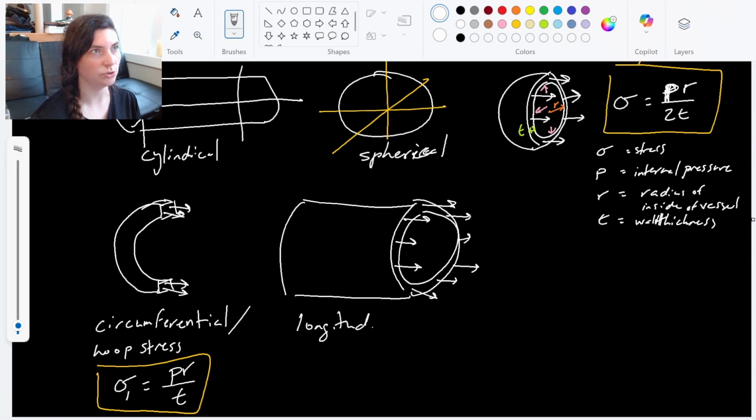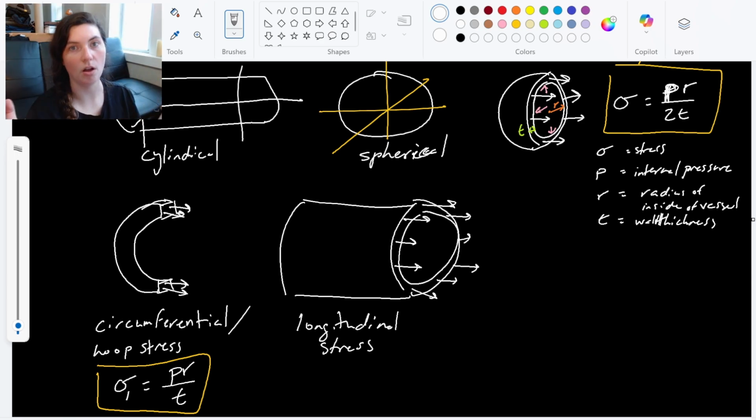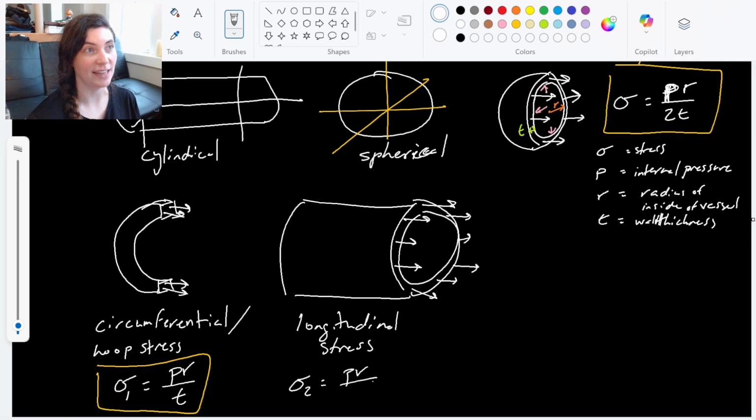So the longitudinal stress, because it goes along the long ways of the cylinder, in line with the longitudinal axis of the cylinder. And even easier than our first equation, our second stress equation is actually the exact same as the spherical equation.